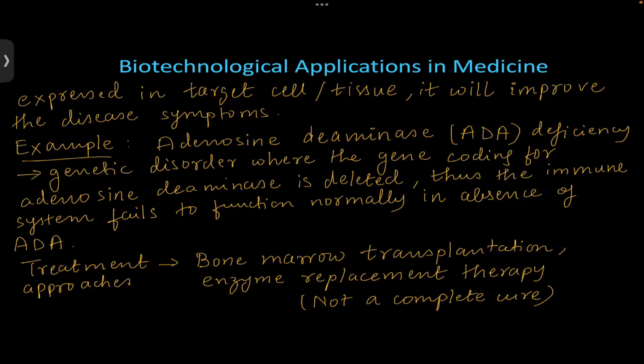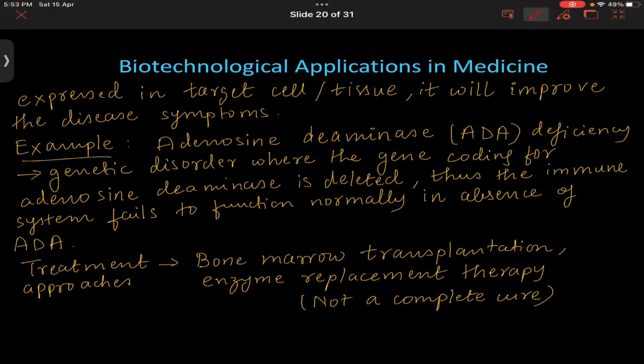One such genetic disorder where gene therapy has been applied is called adenosine deaminase deficiency. This is a genetic disorder that children have from birth, where in these individuals the enzyme adenosine deaminase is not produced because the gene for this enzyme is deleted, and it is happening at the gene level while the fetus is in the womb.